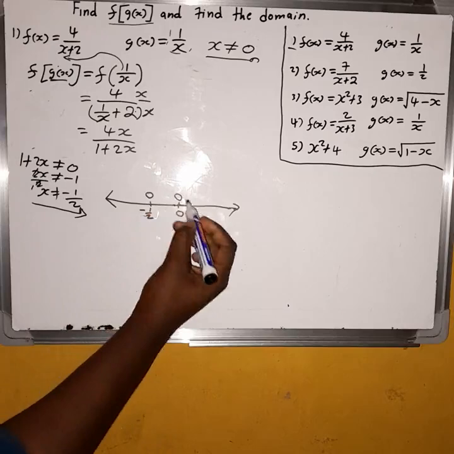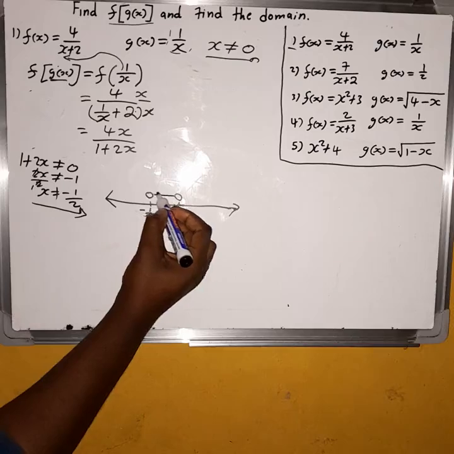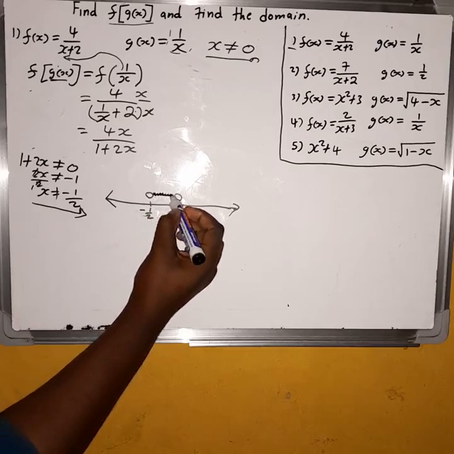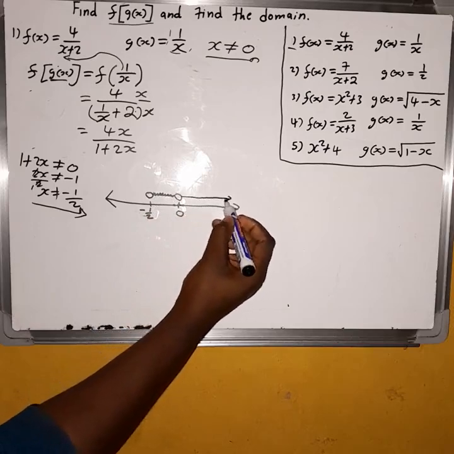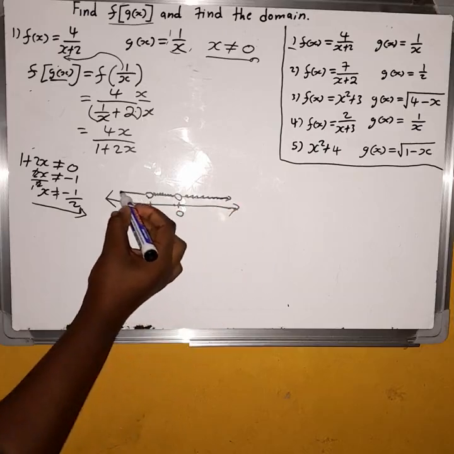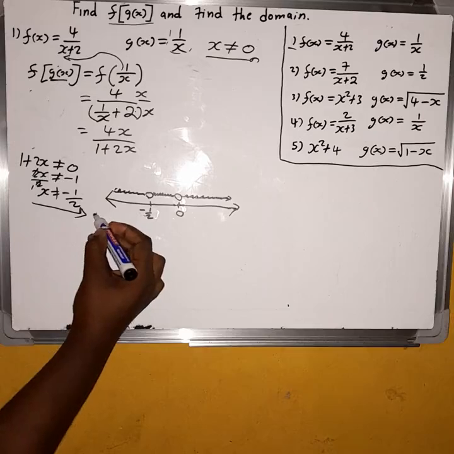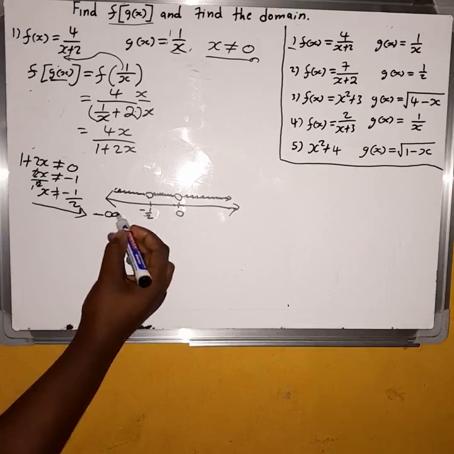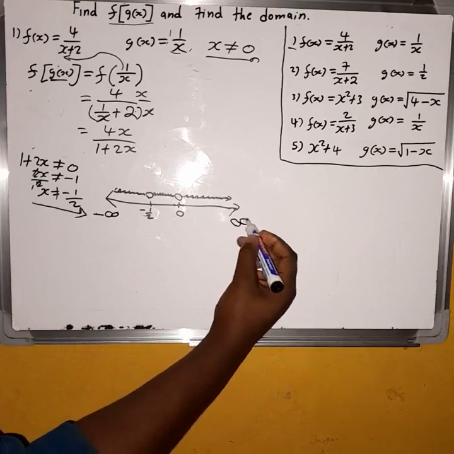That means x can be any number between here, and also any number until you go in that direction. There is no restriction here. Going in this direction is negative infinity, and in that direction is positive infinity, right?